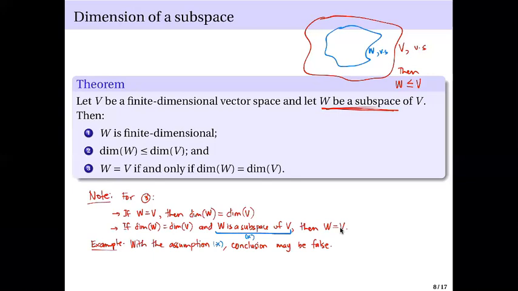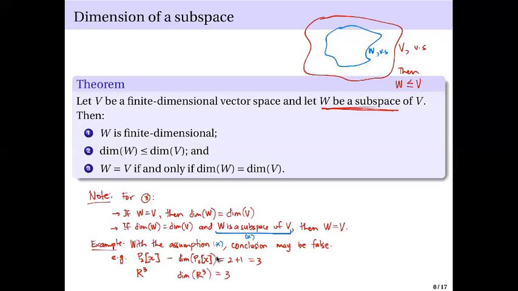For example, your P2 of X, and then you have your R3. Dimension of P2 of X is equal to 2 plus 1, which is 3. That's your n plus 1. And of course, you know that the dimension of R3 is equal to 3.